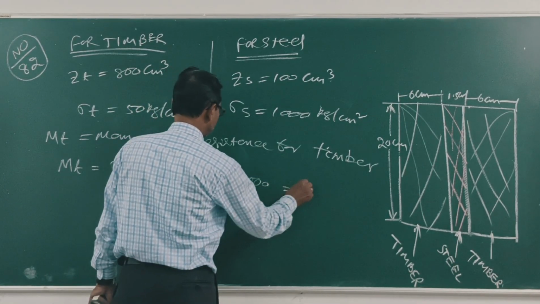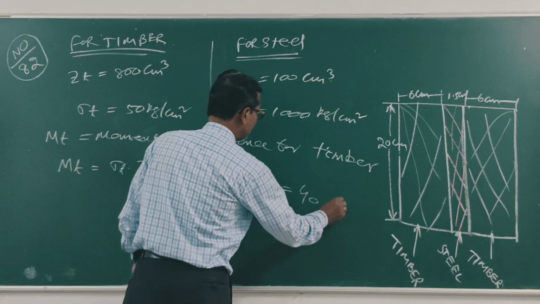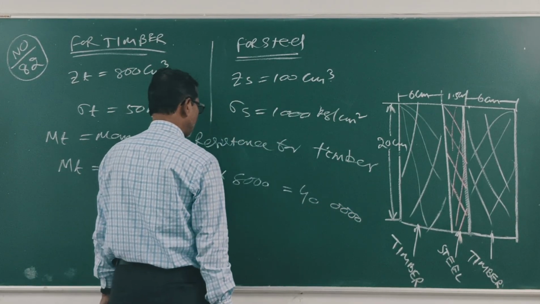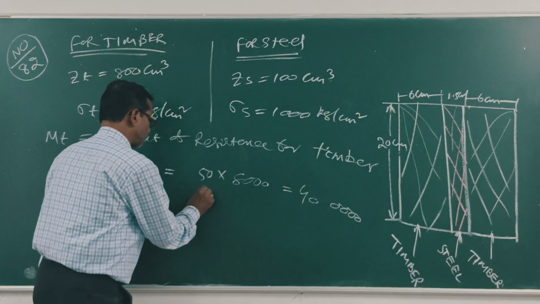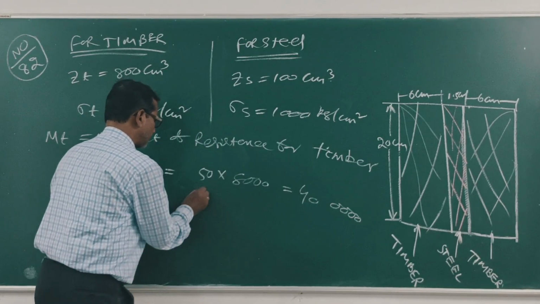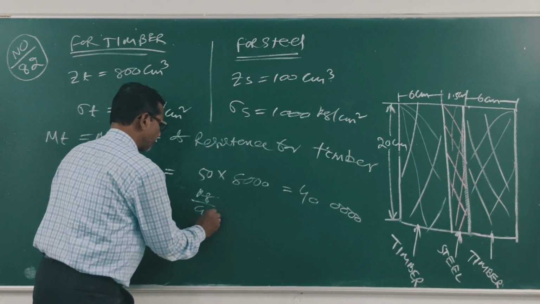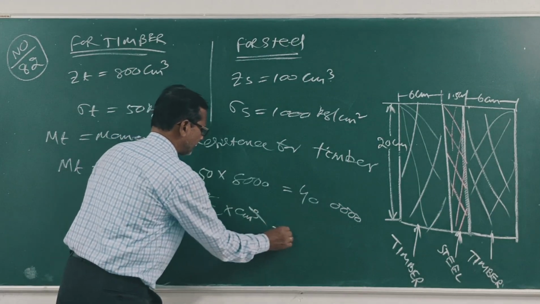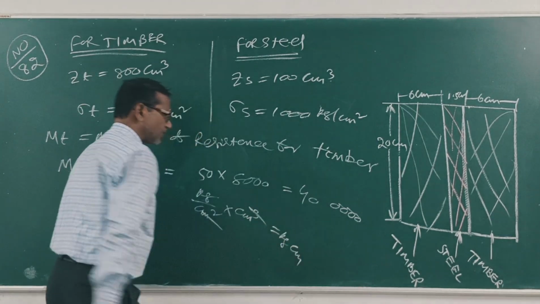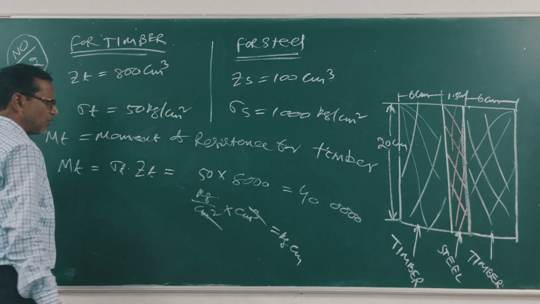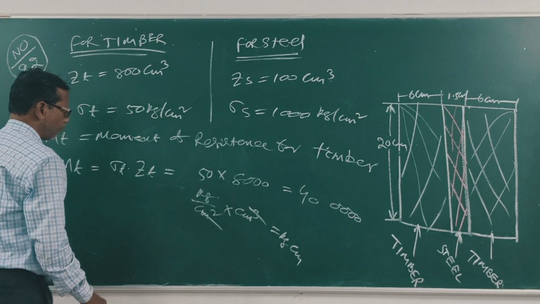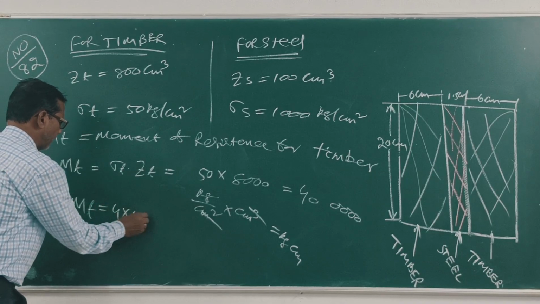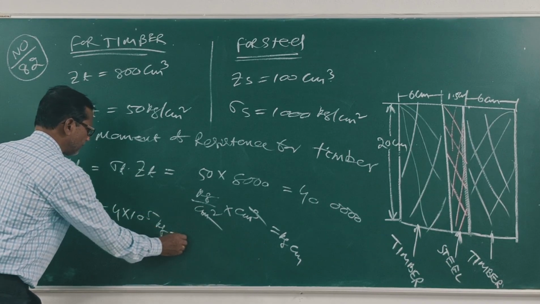This is 40,000. Clear? This is kg per cm square, this is cm cube, so kg cm. The answer is Mt is equal to 4 into 10 to 4 kg cm.